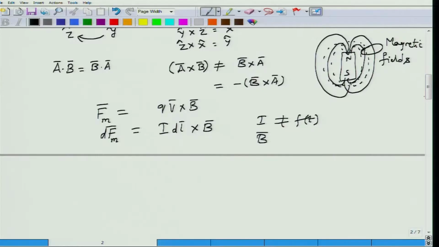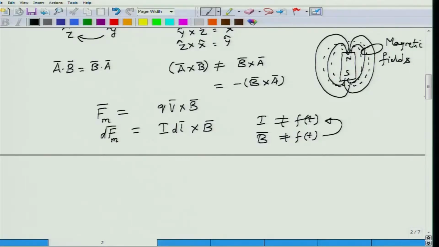So we assume that there is a current carrying wire and there is a vector field B. However, it turns out that these currents are capable of generating a field of their own. These fields will not change with respect to time as long as the current is not changing with respect to time.